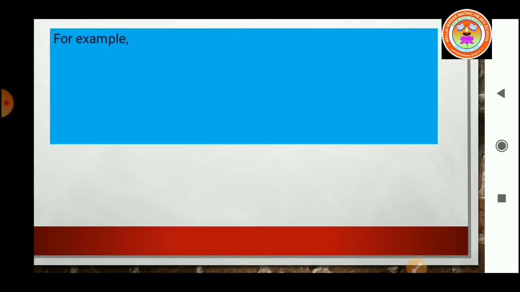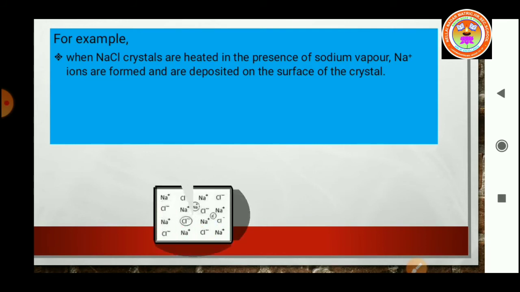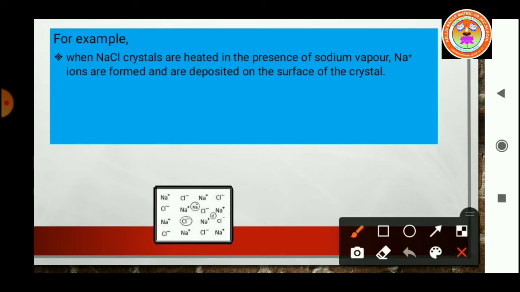For example, the first one is metal excess defect arising from anionic vacancy defects. First I have to take an NaCl crystal. This NaCl crystal is heated in the presence of sodium vapor.